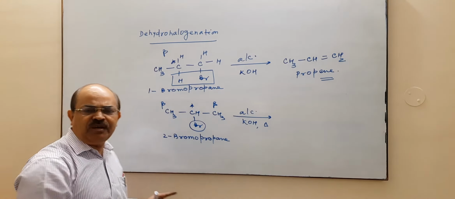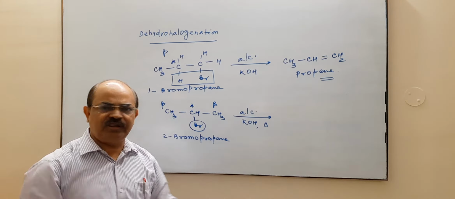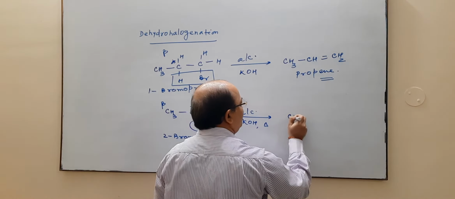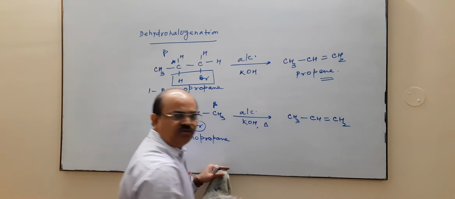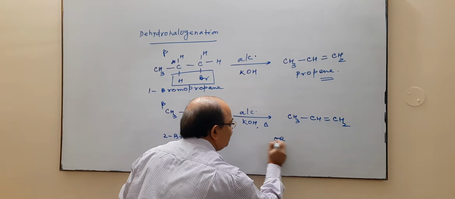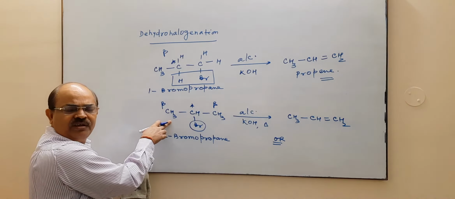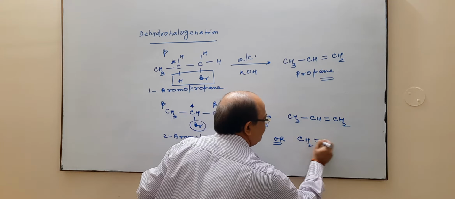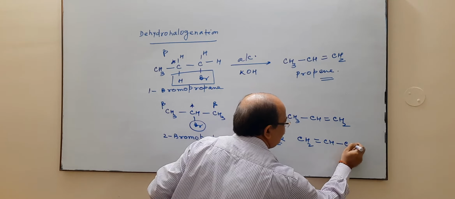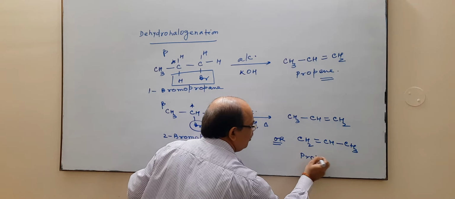So from either of the two beta carbons, if you eliminate hydrogen, the product is the same, like CH3CH=CH2, or, suppose from here if we remove hydrogen, then we can say it is CH2=CHCH3. So both compounds are simply propene.